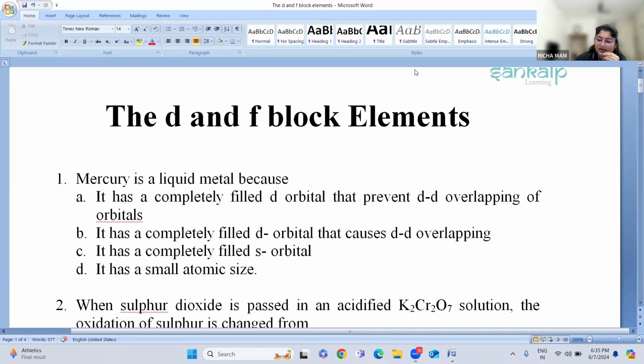Lanthanides and actinides, right? These are the category of elements which fall into F block elements.